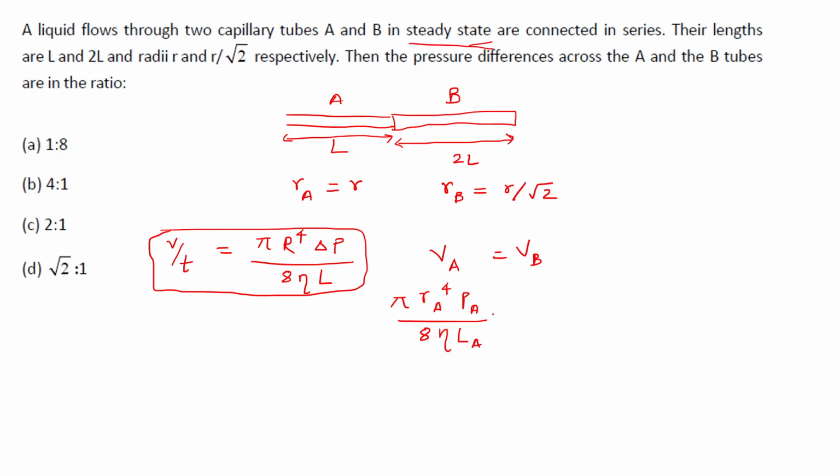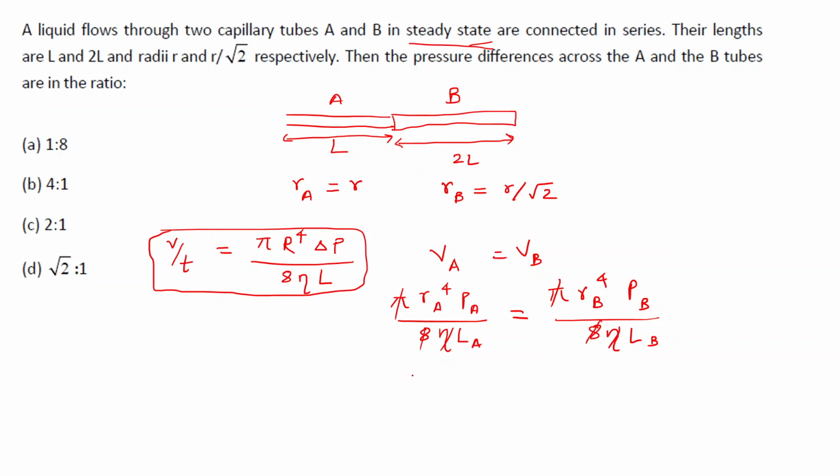This is the expression for the volume flowing through tube A at any particular point of time and particular point of the tube. The same way we'll write the expression for B: radius to the power 4, the pressure PB, divided by 8 eta, length of the B tube. Now the eta and 8 will be cancelled.